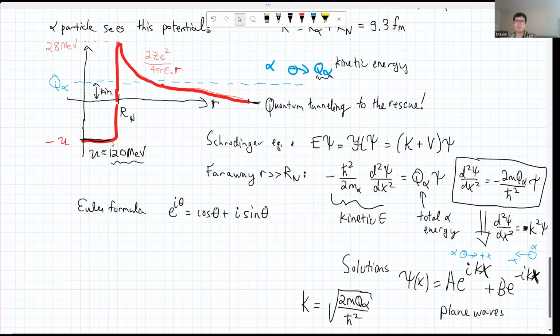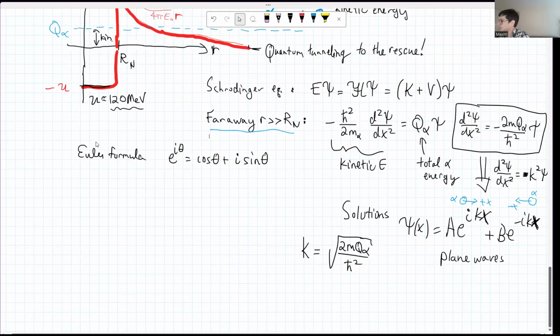Right, inside the nucleus, so this is sort of far away. And inside you also get sort of plane wave solutions. So inside the nucleus, you'll have again minus h bar squared over 2m alpha.